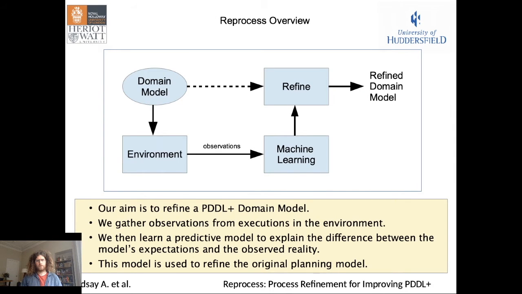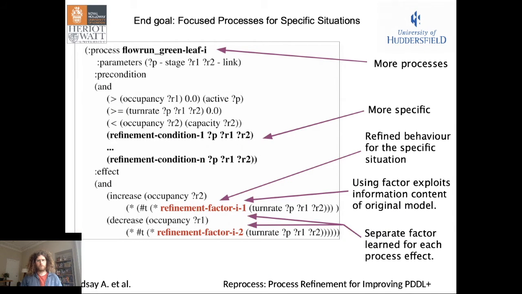Okay. So the idea in this work is to start with a domain model, a PDDL plus domain model, and some observations from an environment, and then learn a model that explains the difference, and then use that model to refine your original model. And the target for this is to take our original process and then create a set of refinement processes.